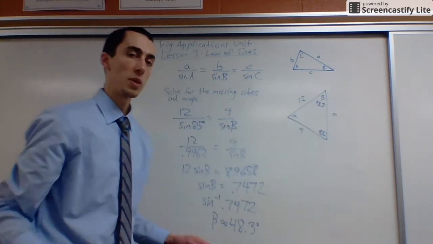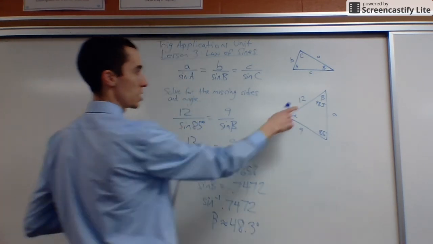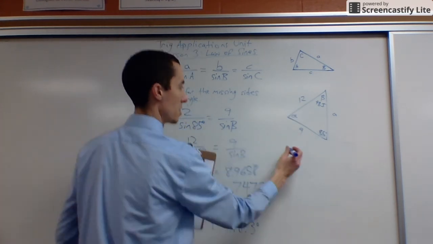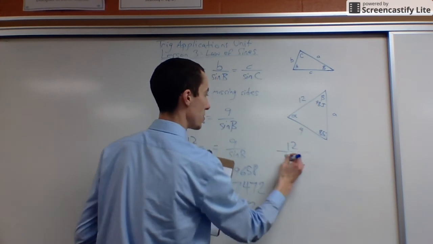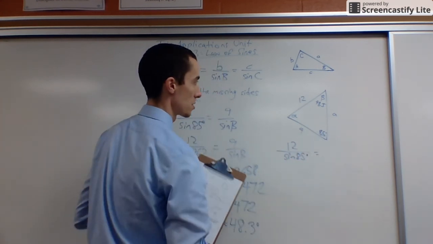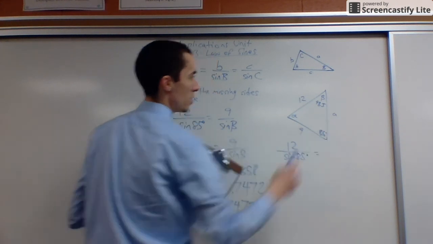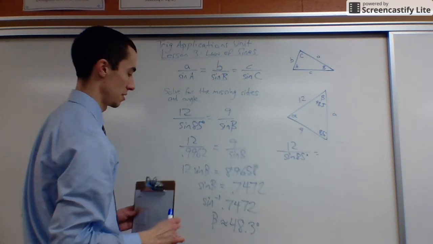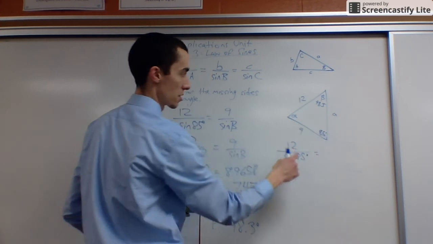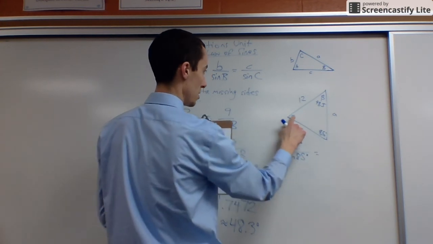Last, we need to find what alpha is. So let's start with our basic relationship of side to angle, 12 over the sine of 85 degrees equals, now, ultimately we want to find what side A is. Now that we know two of the angles, we can subtract from 180 to find the third.